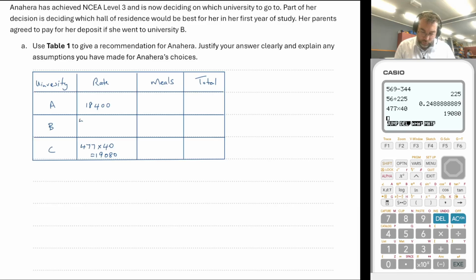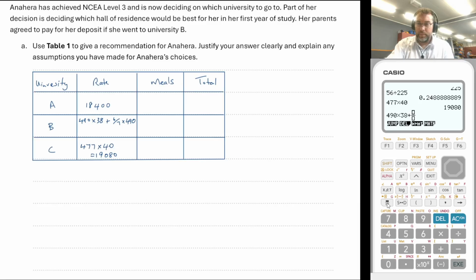University B is going to be 490 times 38 weeks plus 6/7 of 490, because it's 6/7 of the last week. So let's put that in our calculator as well. So that's $19,040.